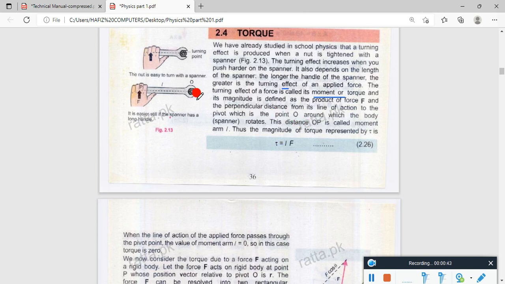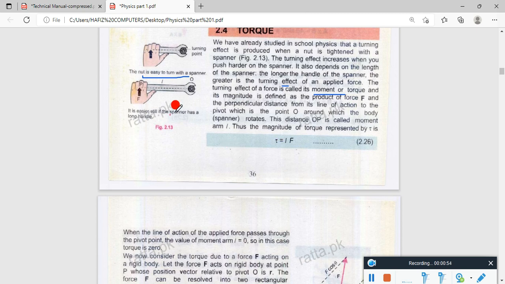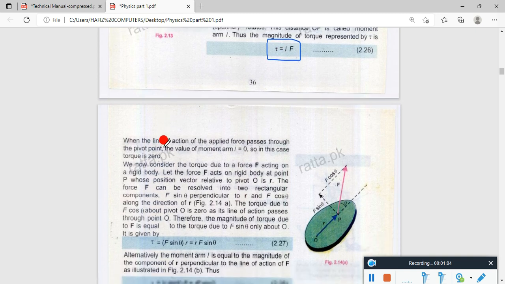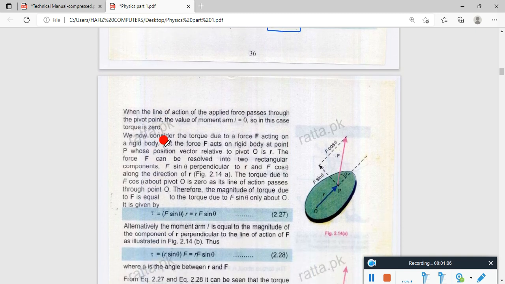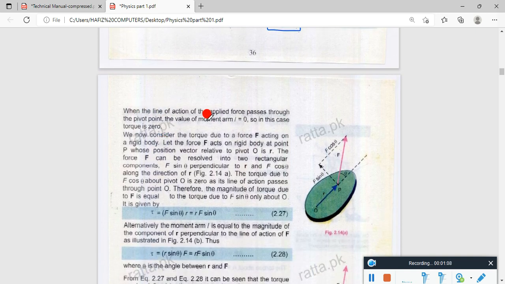Thus, this distance OP from the center of the spanner to the point P is the moment arm length L. Thus, the magnitude of the torque is represented by torque T is equal to L into F. Where the line of action of the force passes through the pivot point, the value of moment arm L is equal to 0, so torque is 0.